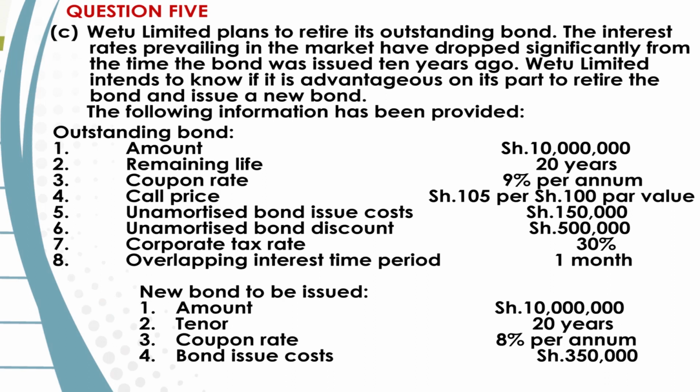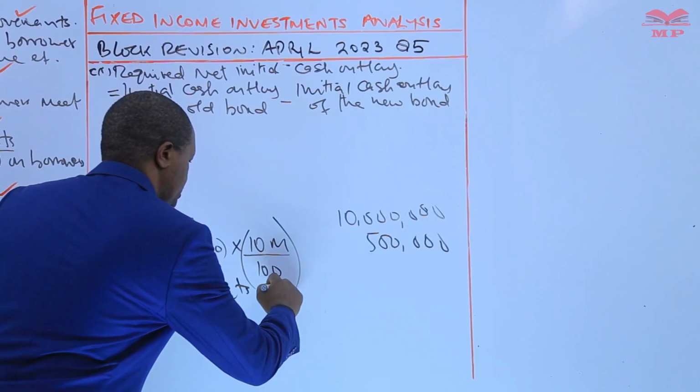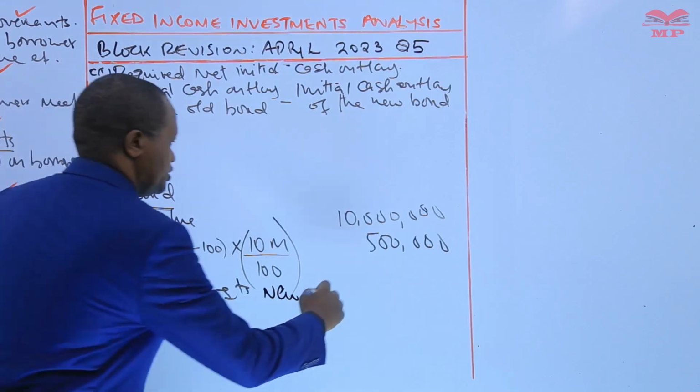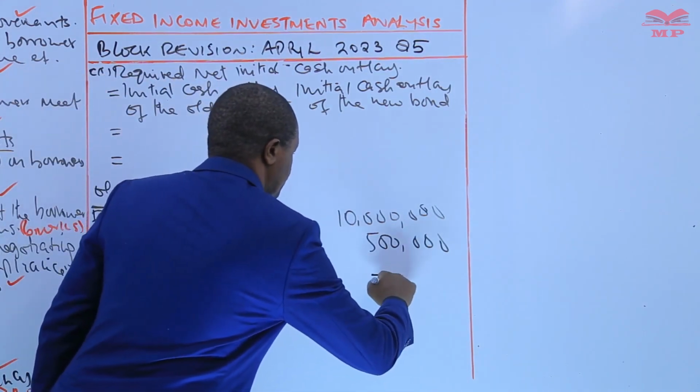For the old bond, we have the unamortized bond issue costs of 150,000. That is the unamortized bond issue cost. And for the new bond issue, we know it is 350,000.